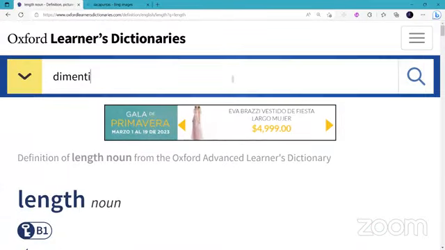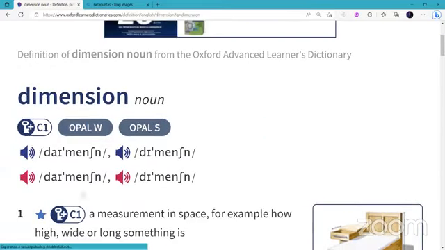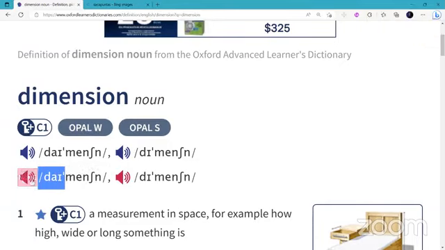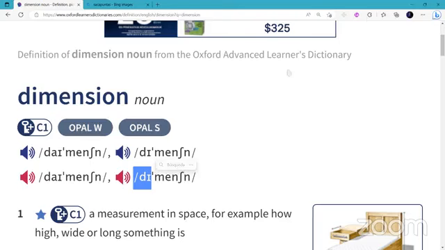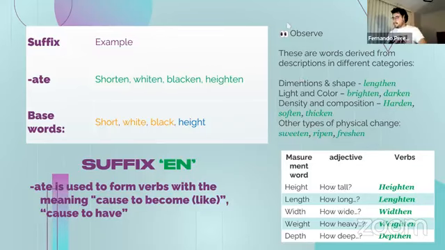Dimensions? Oh, well, there are two. I was thinking in dimension. Dimension, very good. Okay, dimension and shape.